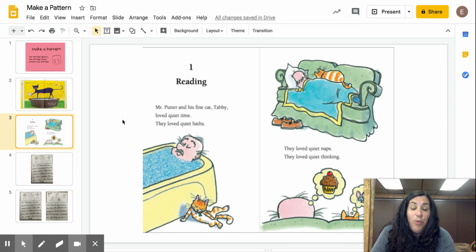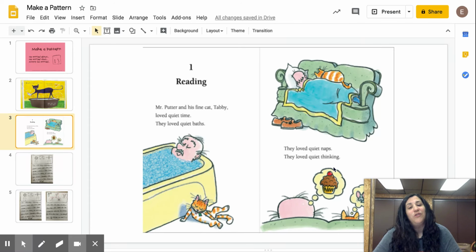They loved quiet baths. They loved quiet naps. They loved quiet thinking. So this author also used a pattern. She made a pattern and talked about the things that they loved together. They loved quiet things, quiet baths, quiet naps, quiet thinking.